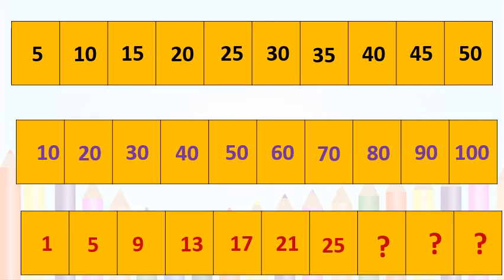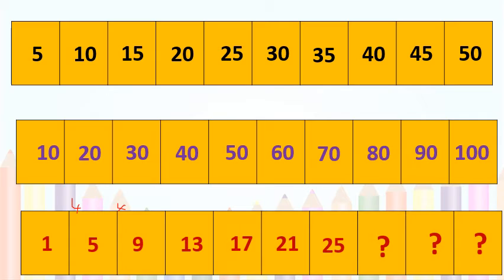Yes. Please see, some relation is there between these numbers. Yes, you are right. There is a difference of 4. See here, 5 minus 1 is 4. Correct? 9 minus 5 is 4.